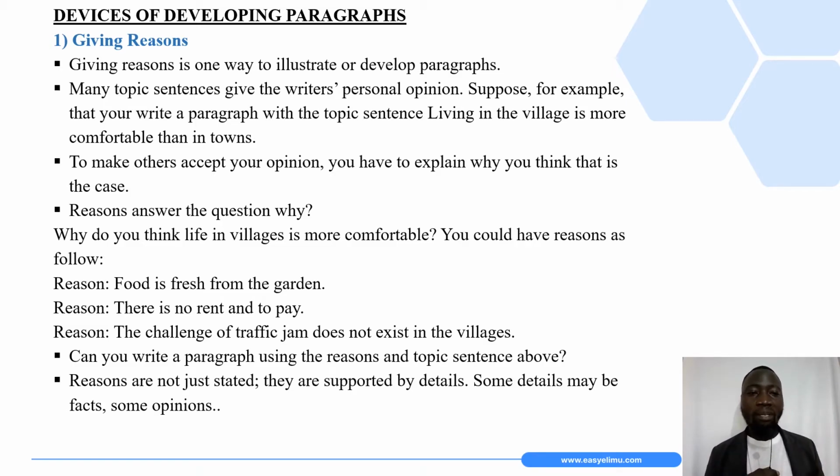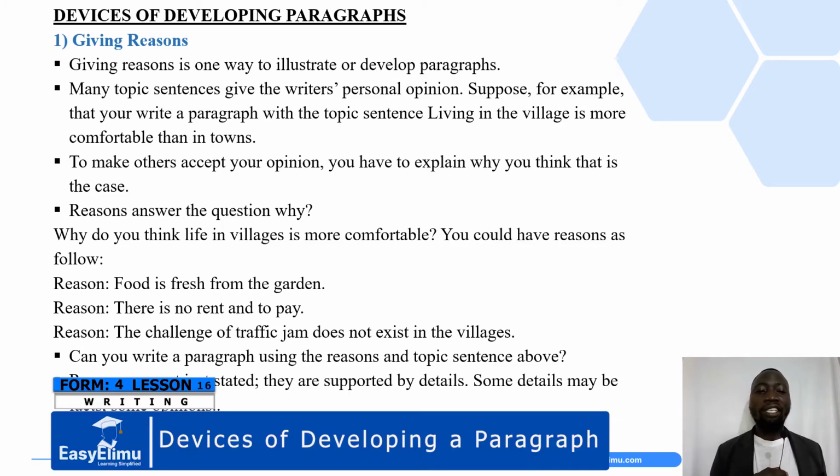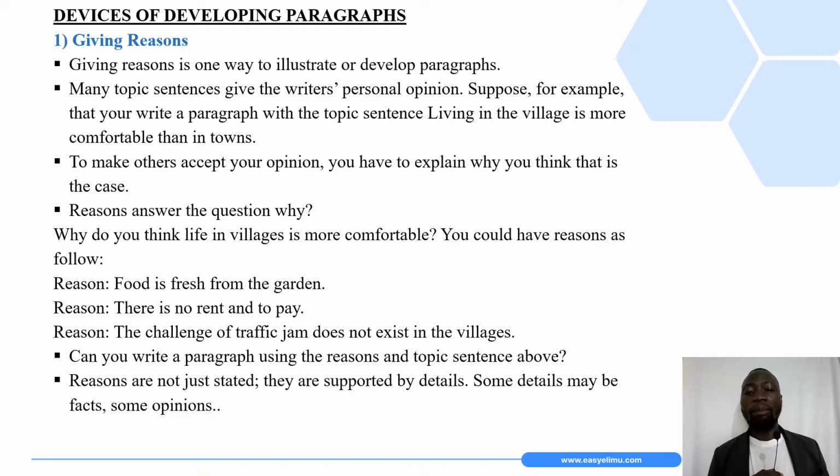So apart from the topic sentences, we have supporting sentences. These are sentences that are used to give valid reasons and explanations about the main idea that is introduced under the topic sentences. So the supporting sentences are used to expound on the main idea in a paragraph.